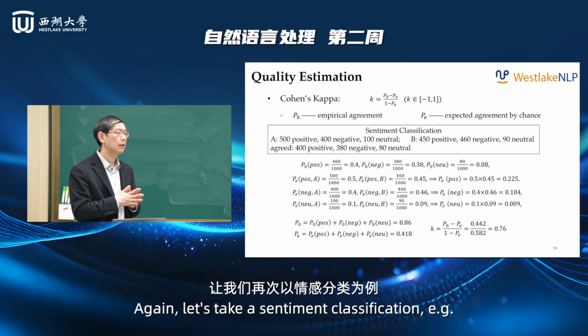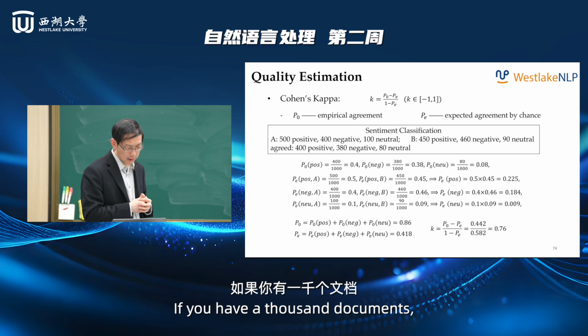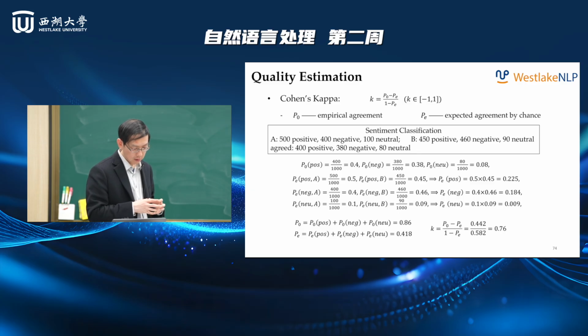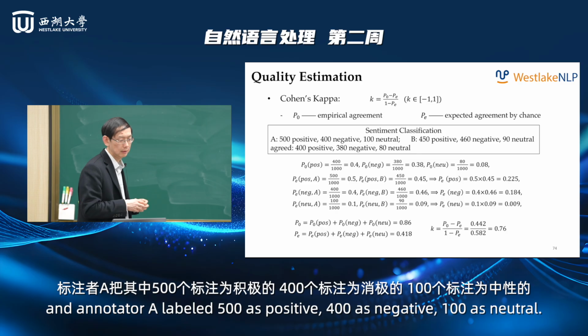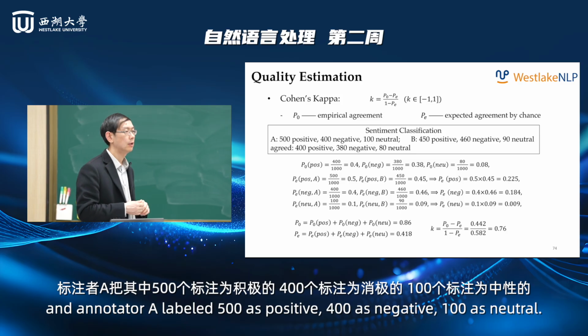Again, let's take sentiment classification, for example. Say you have 1,000 documents. Annotator A labeled 500 as positive, 400 as negative, 100 as neutral.